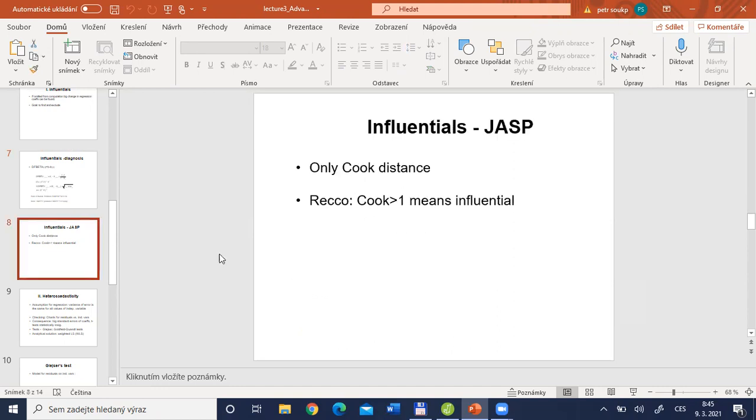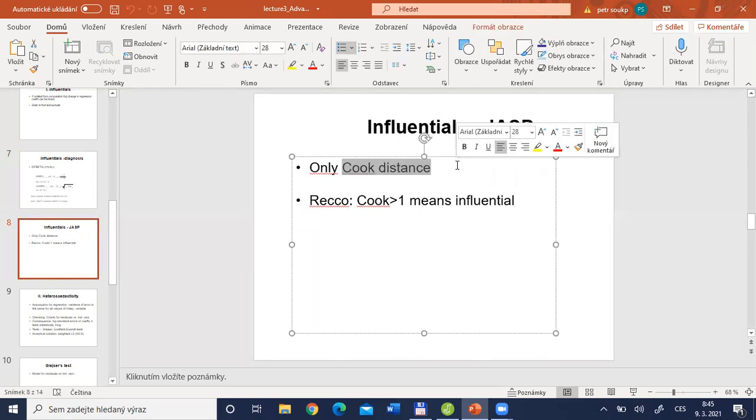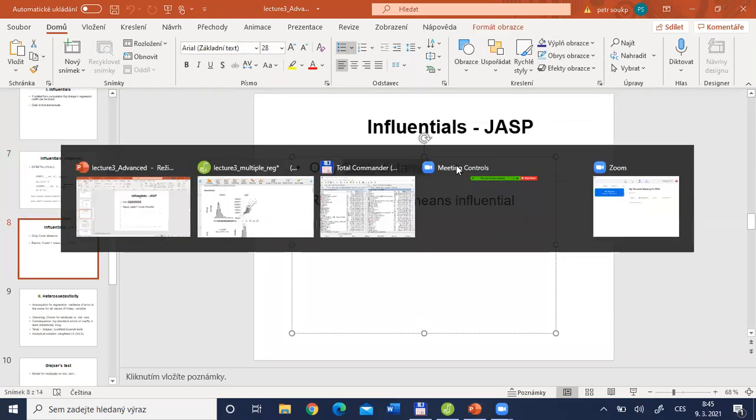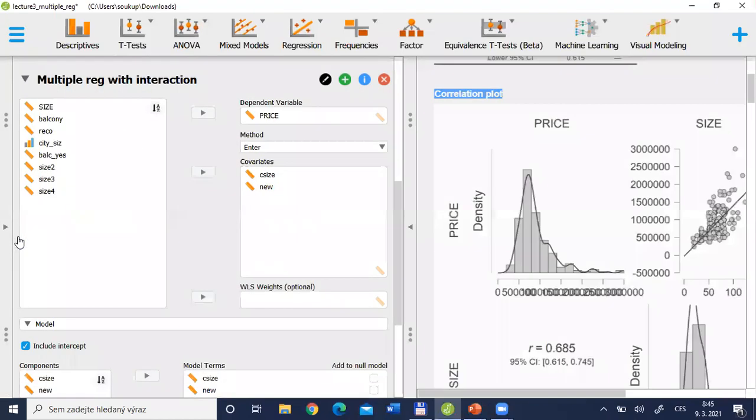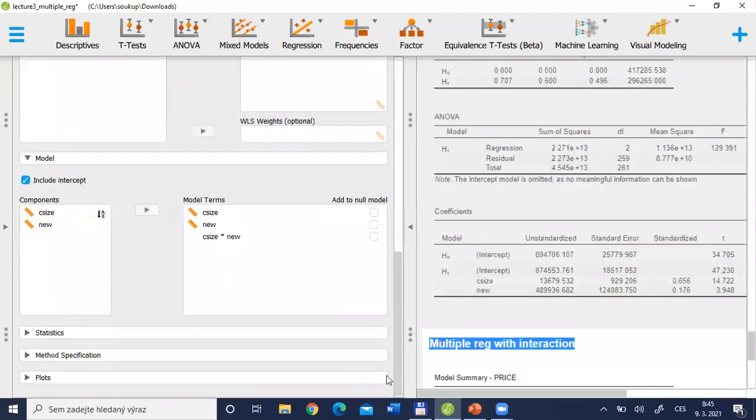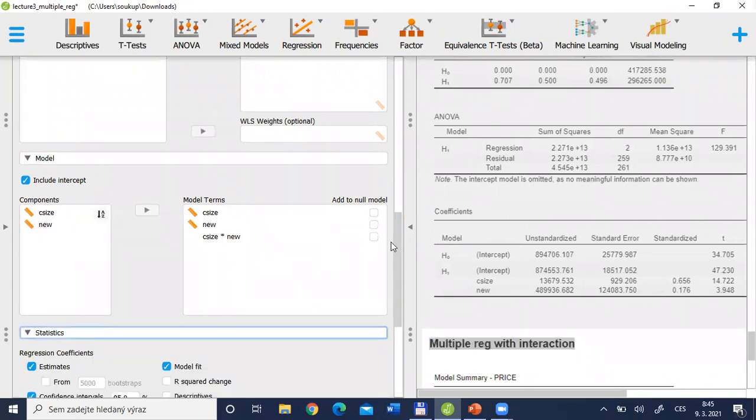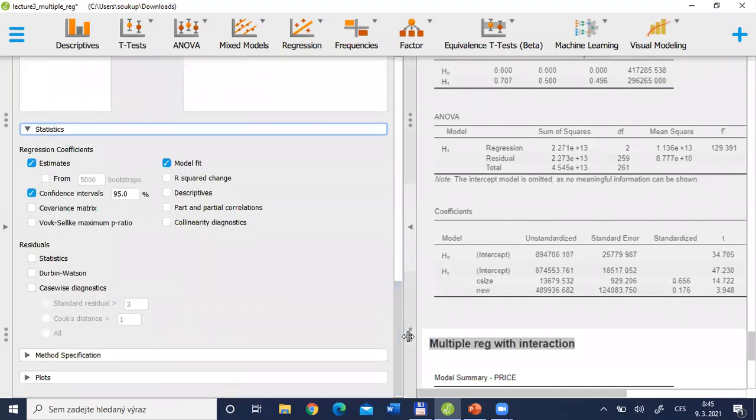In JASP, we have only one, but it is still quite a good strategy for detecting influentials, and it is called Cook's Distance. This Cook's Distance can be found if we go back to our previous example. I guess here in statistics, we can find Cook's Distance.